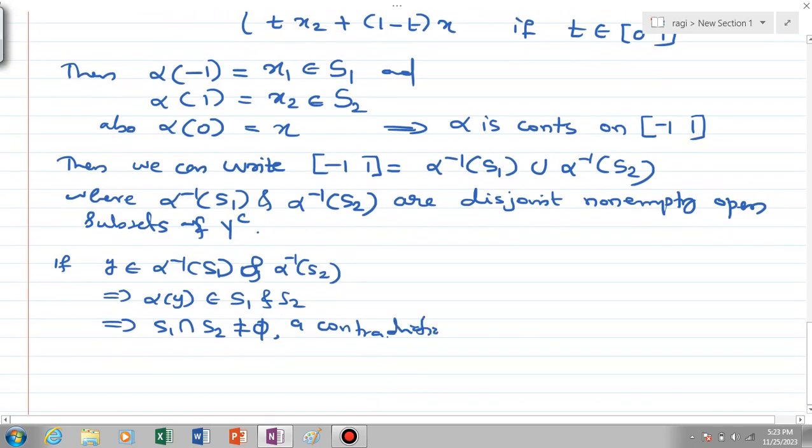Therefore, alpha inverse of S1 and alpha inverse of S2 are disjoint.